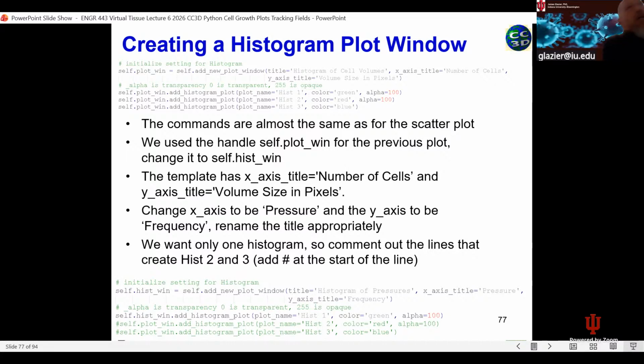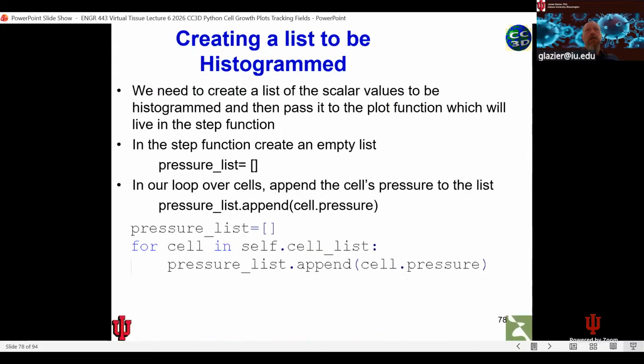Now in the step function, we have to create a list of the things we're going to plot. I put the pressure here, but let's do the volume first. So let's create something we'll call volume list.